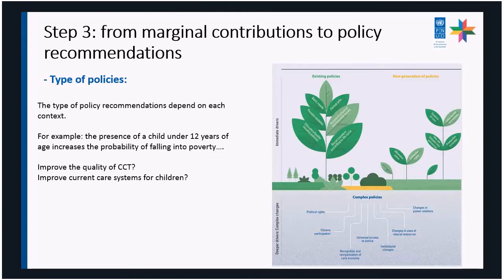So there, as you can see, there are a lot of different approaches to create a policy recommendation, which is why it's very important to analyze all the factors that I have just mentioned.